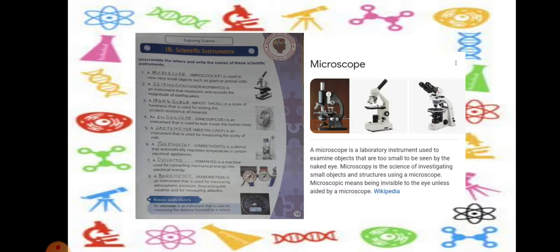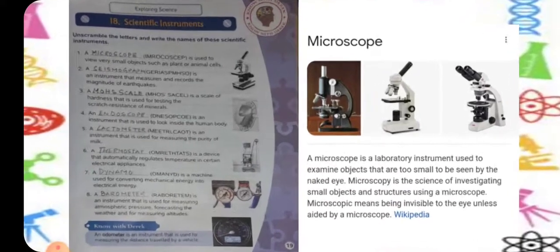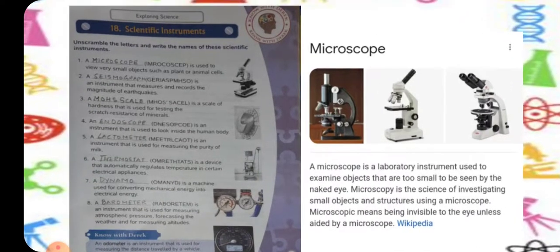So different names are given relating to this instrument: microscope, microscopy and microscopic. Microscopy is the science when you study small objects in a microscope, and microscopic means when you see very small objects which are not visible to your eyes. So these are microscopic things.